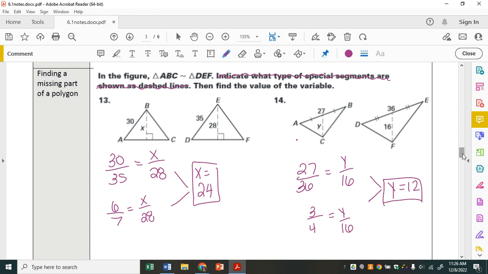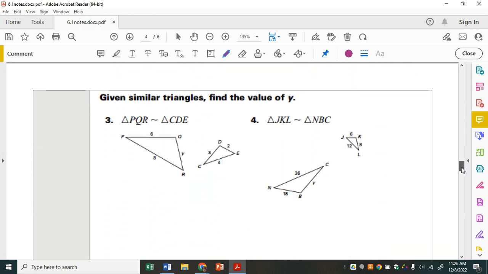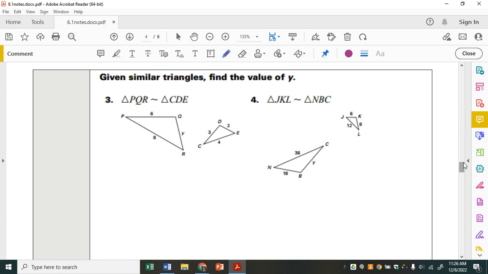Okay, so I want you to pause the video. I want you to go to the next page and try out questions 3 through 8. The one thing I will mention is that on these questions, you're still going to use your variable, right? So in this case, we would set QR as y, right? Y over side DE, which is 2.